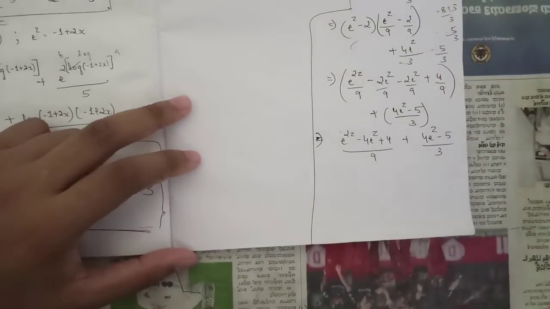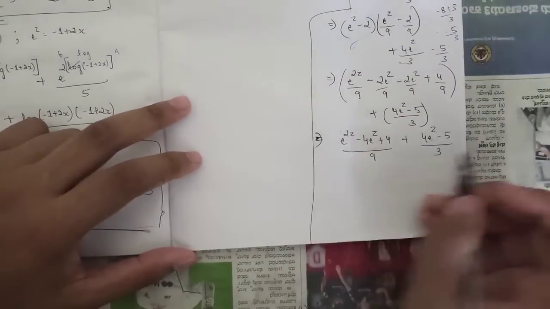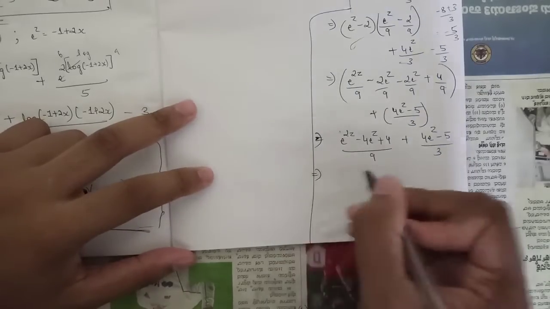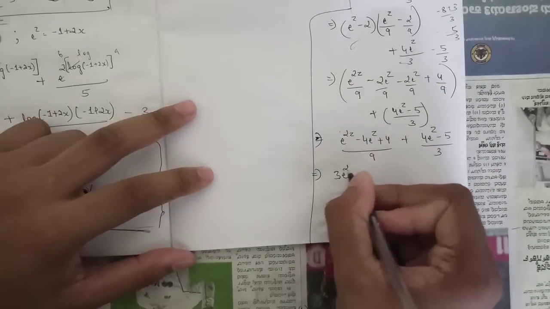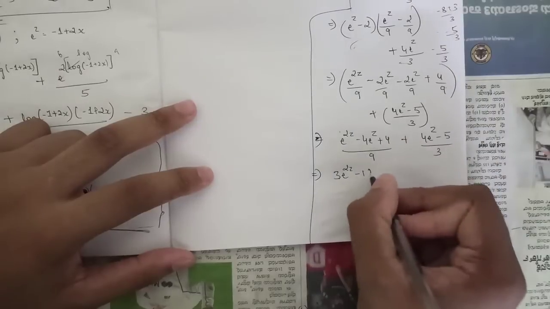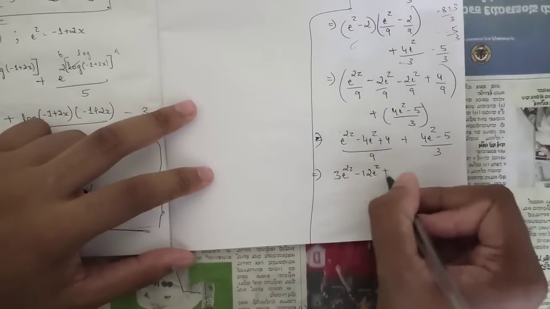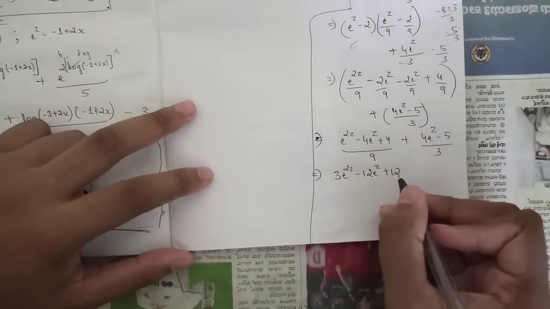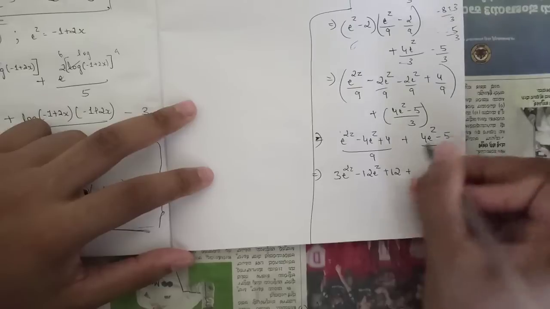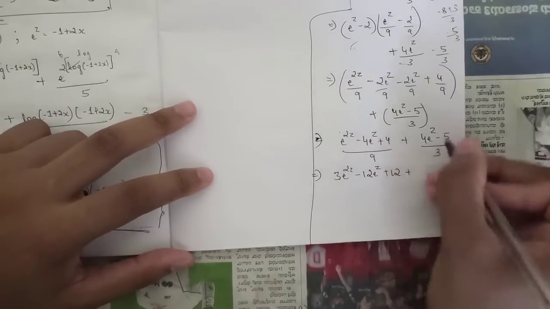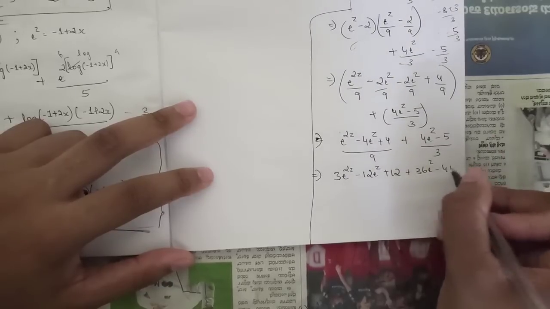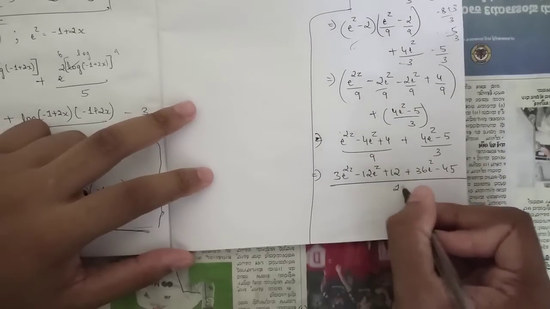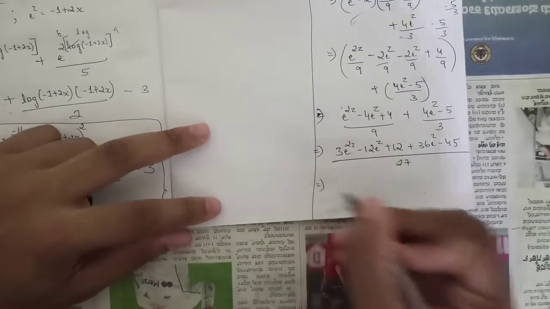So here again take the LCM for this term, that is multiply 3 through this whole term: 3 e power 2z minus 4 3s are 12 e power z plus 12, plus again multiply 9 to this term, 36 e power z, 9 5s are 45, divided by 9 3s are 27.